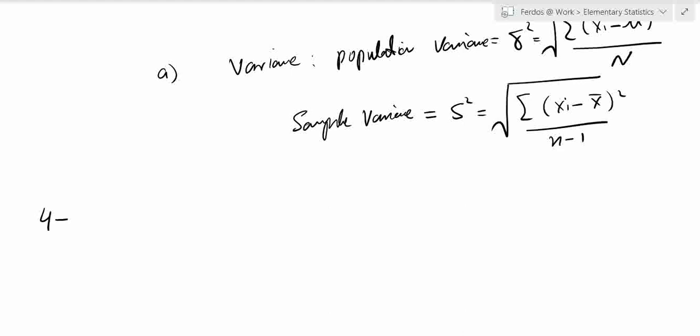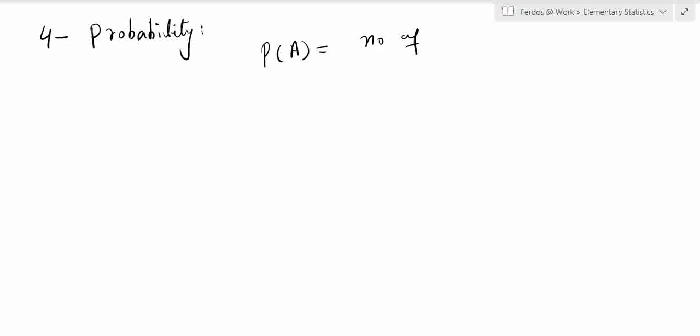Probability means, if you are interested in an event, to calculate the probability of an event, the simple formula: probability of event A, suppose you are interested, is the number of favorable chances divided by the total number of chances.